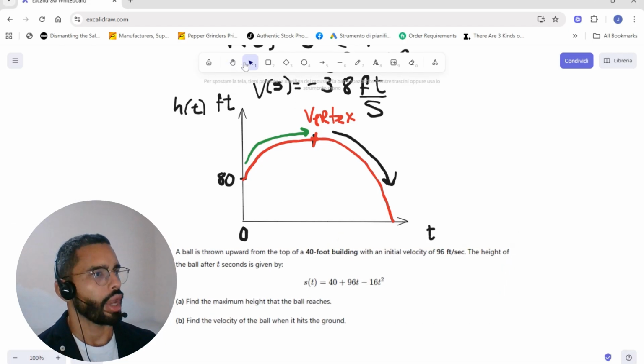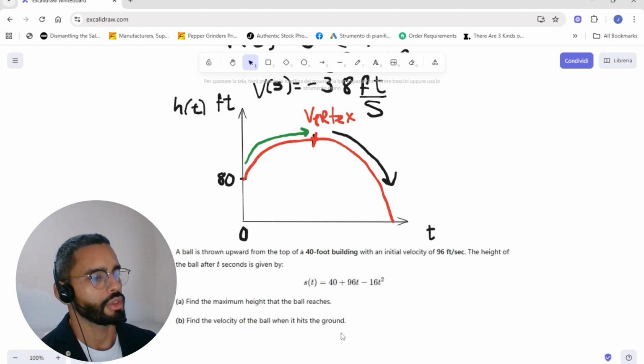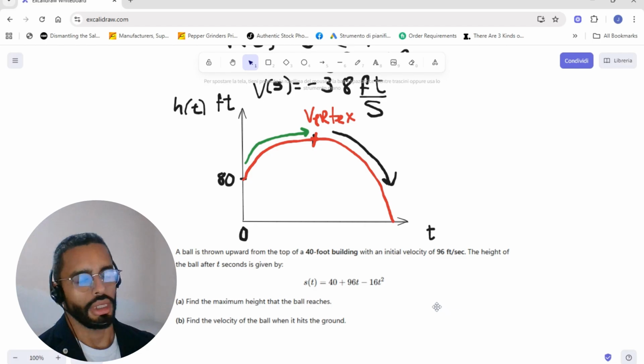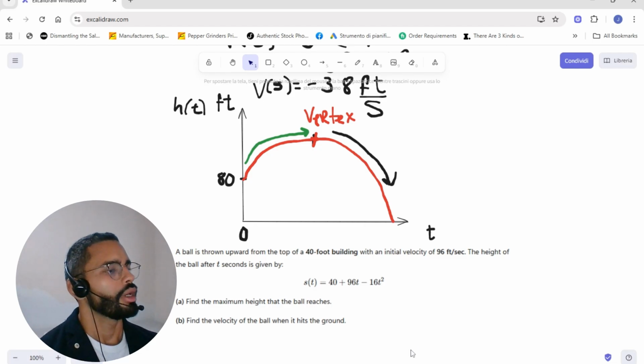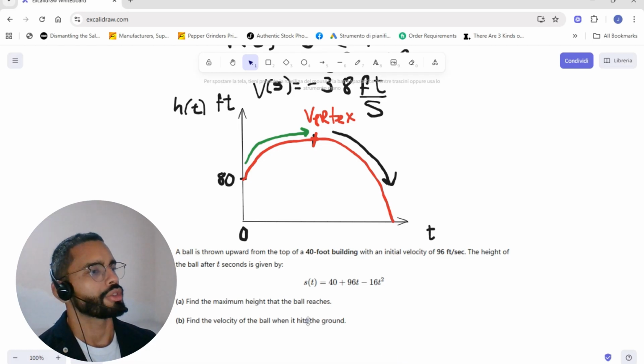We will start next session discussing this problem. What you have to do is find the maximum height and find the velocity of the ball when it hits the ground.